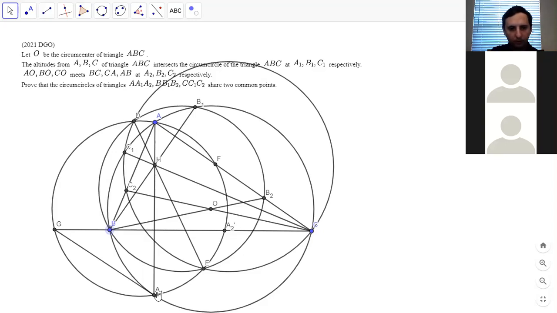Then we would get the angle that we want. So basically, if we can show that this is tangent, it would solve the problem.